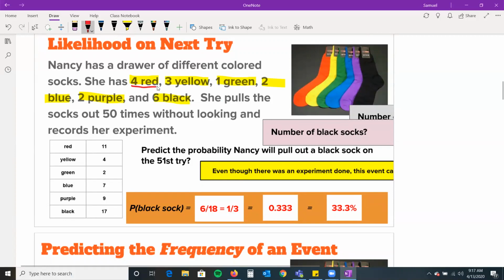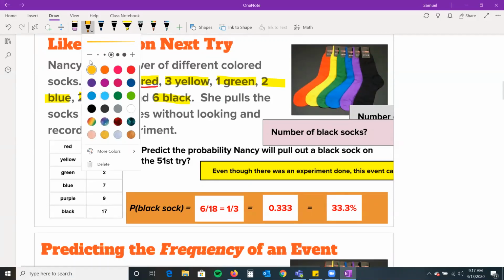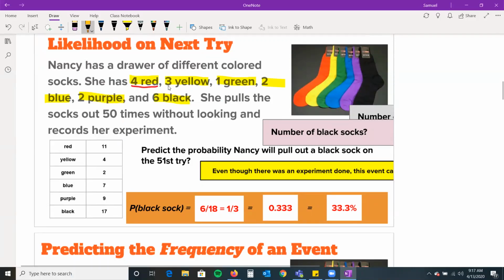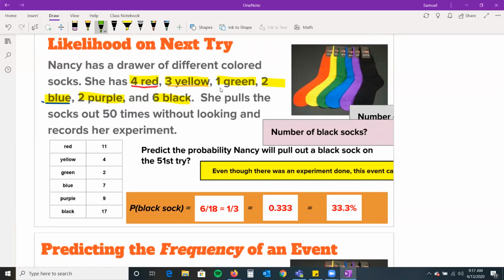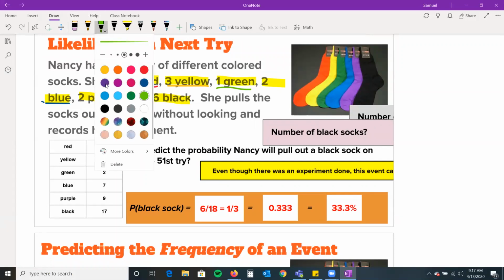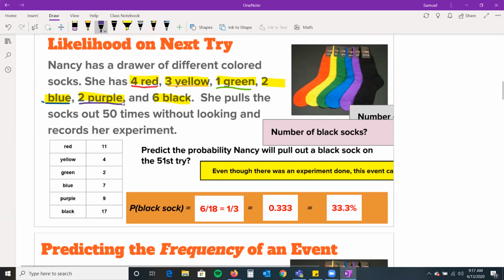So we've got red, we've got yellow, and you can be drawing on yours if you want to during this time. Red, yellow, we've got blue, green, purple, and black.